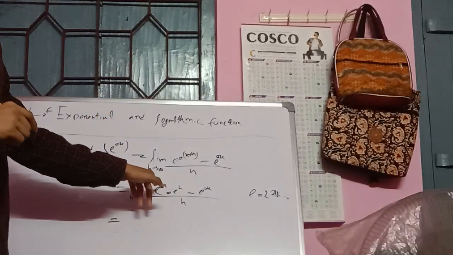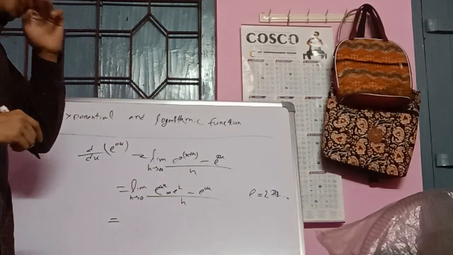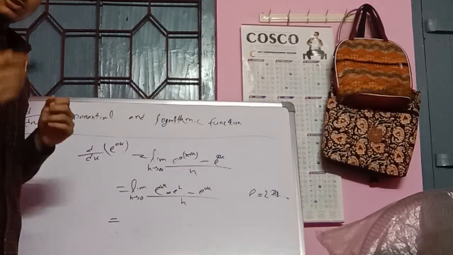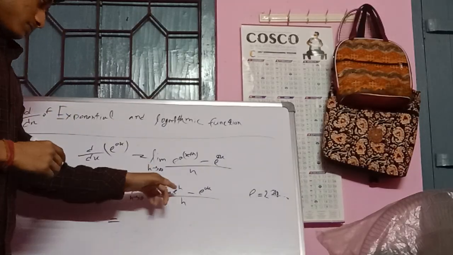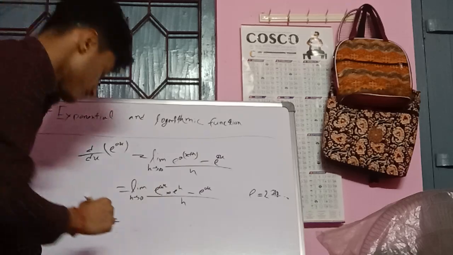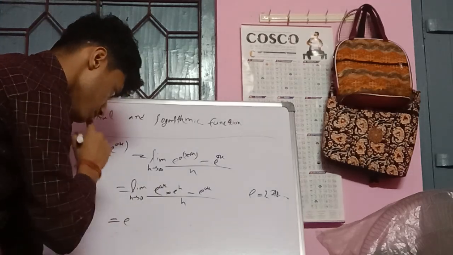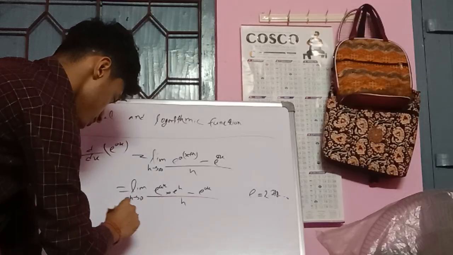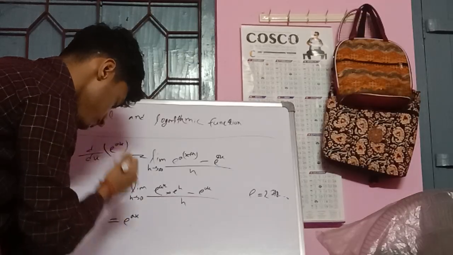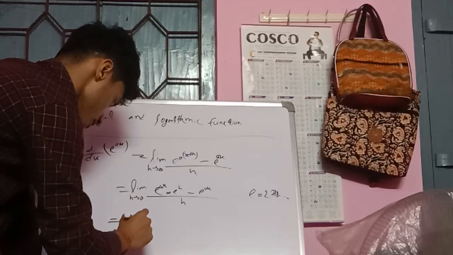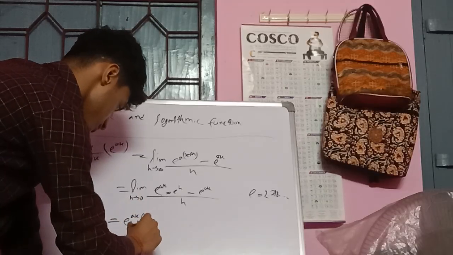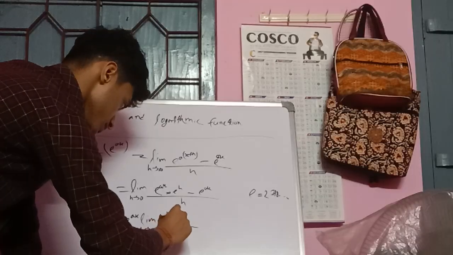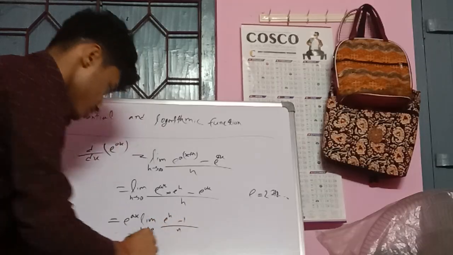You can also factor out e to the power ax from here, because e to the power ax does not depend on h. So this would just look like e to the power ax, and as limit h approaches 0, this would be e to the power h minus 1 over h.